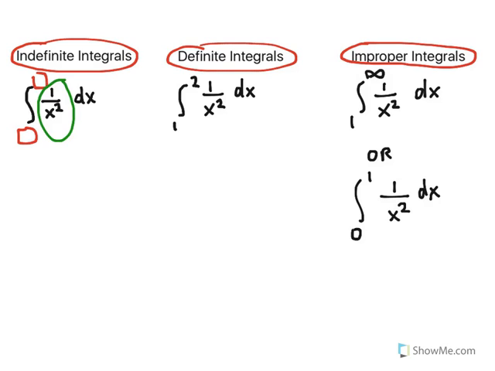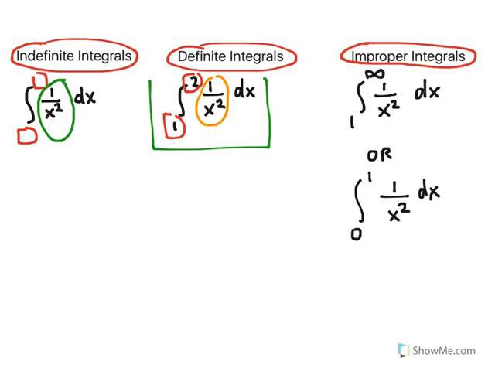If you have a definite integral, you have limits of integration, and you evaluate it by using the fundamental theorem of calculus. The definite integral would be a number, and it would represent the area of the region between the graph of the integrand and the x-axis between x equals 1 and x equals 2.